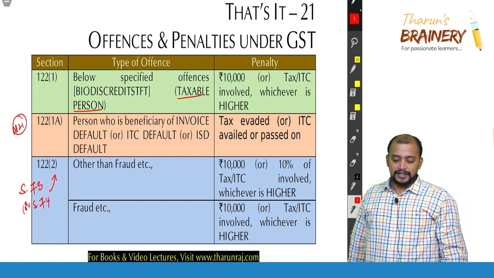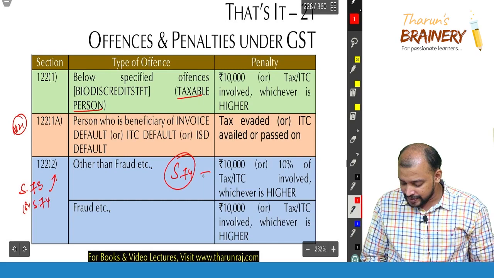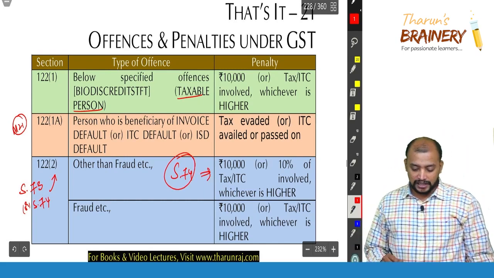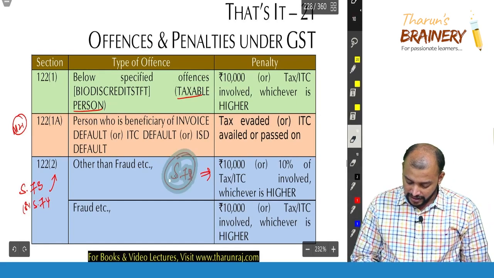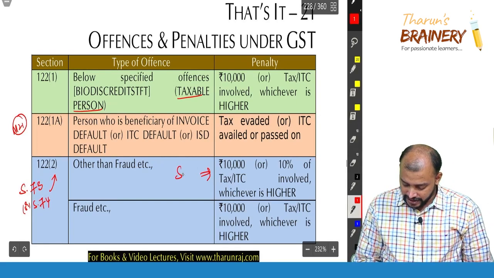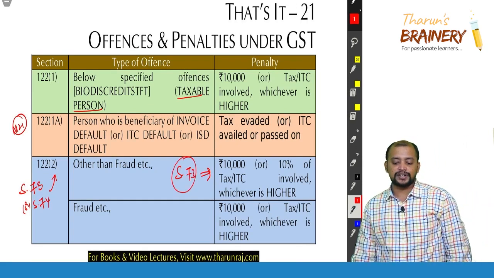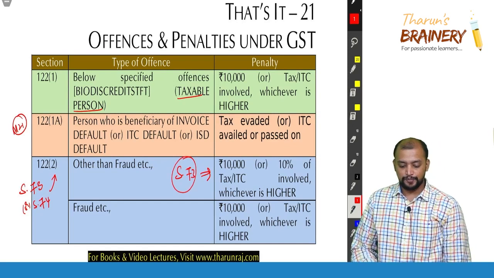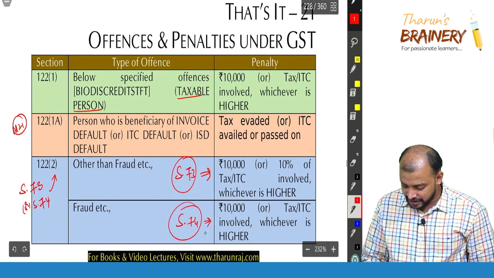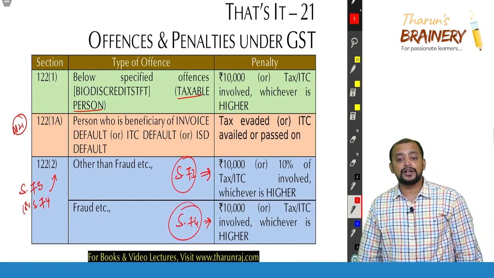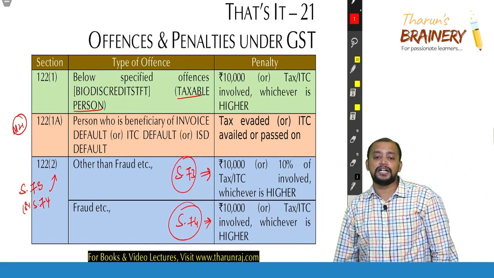So wherever section 73 comes, we should take 10,000 or 10% of tax or ITC involved whichever is higher. Whereas wherever section 74 comes, 10,000 or 100% of the tax or ITC involved whichever is higher will be taken.